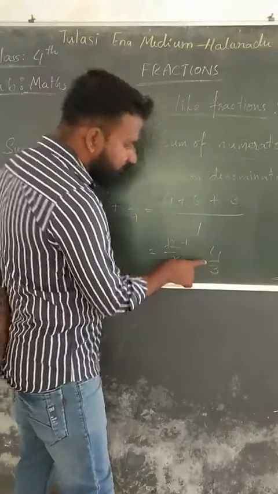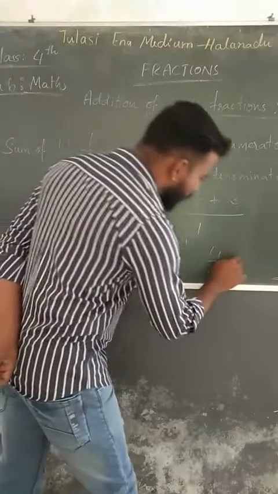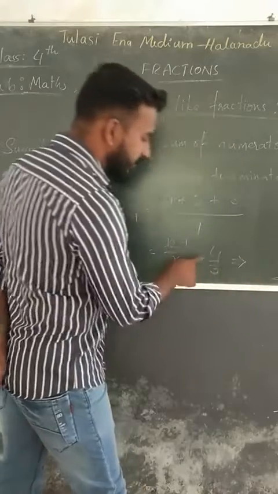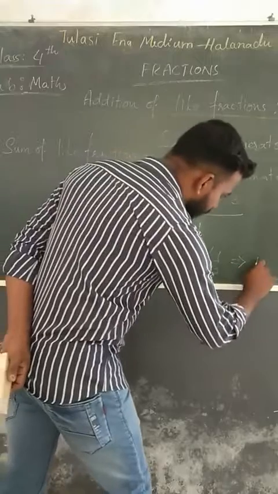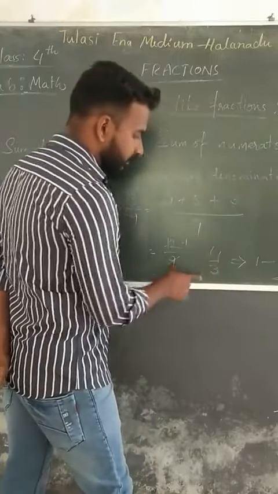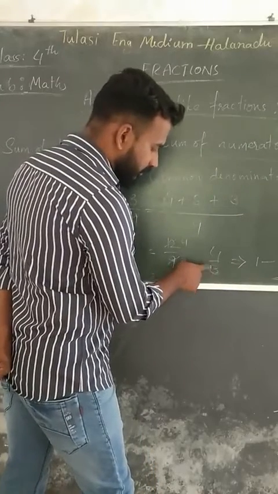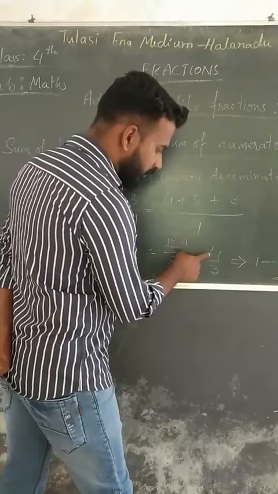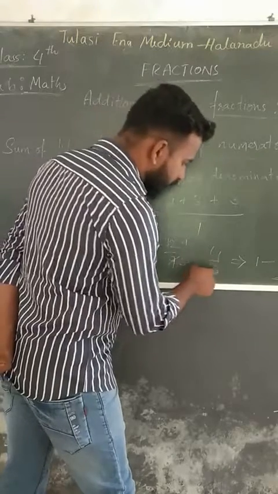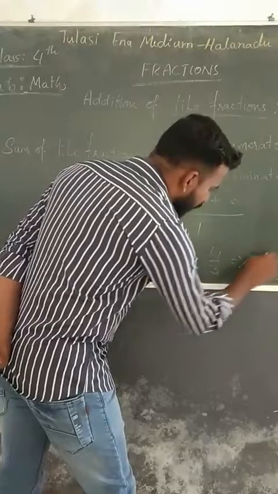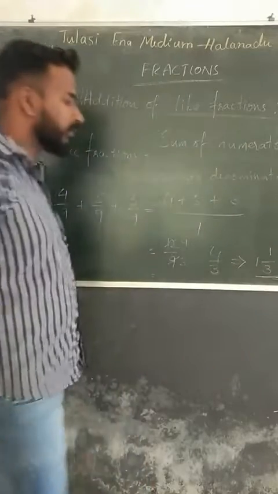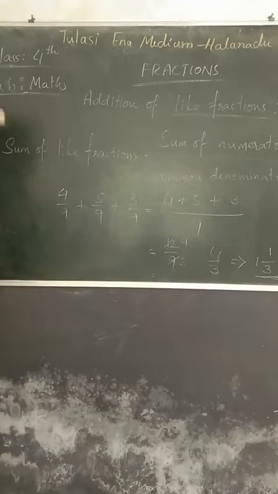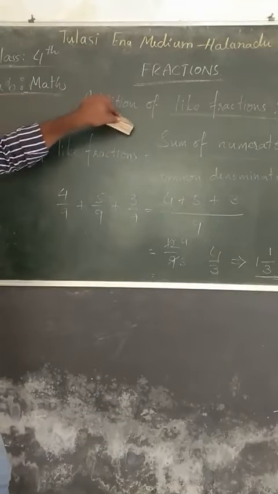It's the simple form of the improper fraction. Now we can change it into a mixed fraction. In 4, 3 goes only once. 3 ones are 3, 1 remaining, denominator the same, so 1 and 1 by 3. So that's addition of like fractions.